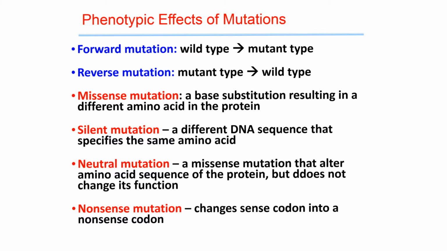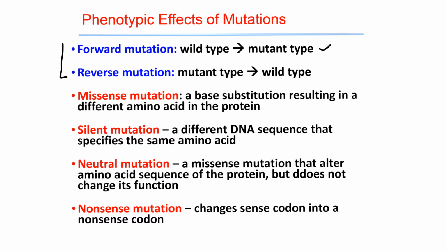If we do so, we can classify mutations into two major categories: forward mutations and reverse mutations. Forward mutations change wild type into mutant type, while reverse mutations change that mutant type back into wild type.